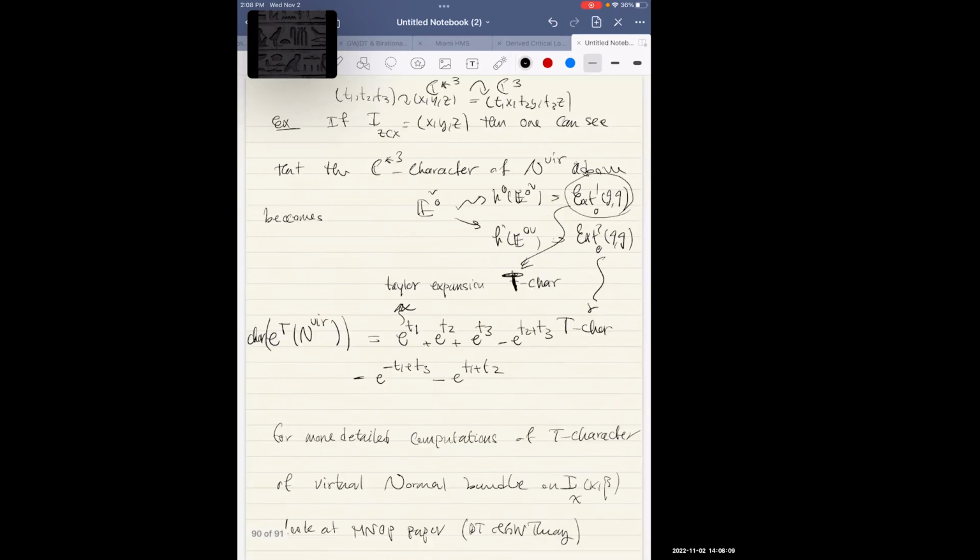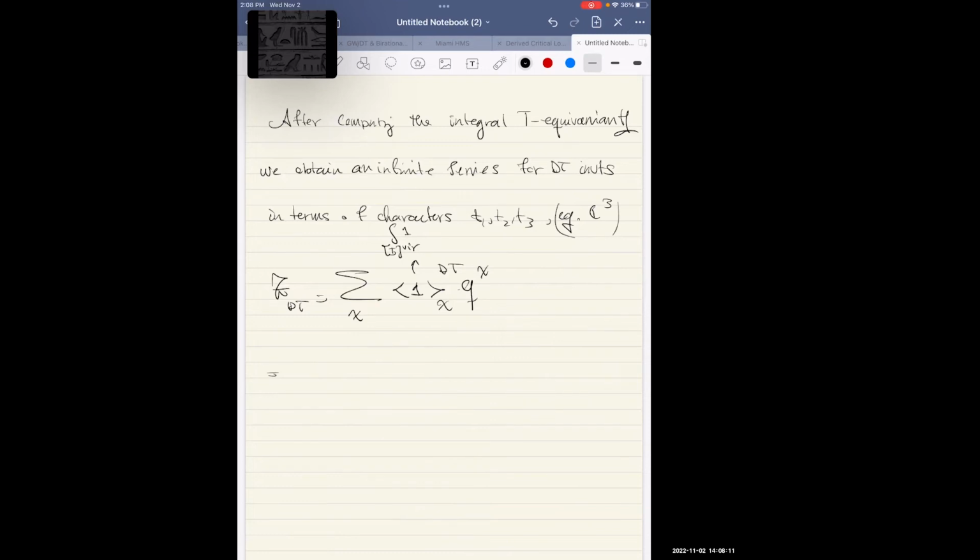So it becomes something like summing over all partitions, finite box configurations, T1 plus T2, T1 plus T3 times T2 plus T3 divided by T1, T2, T3.